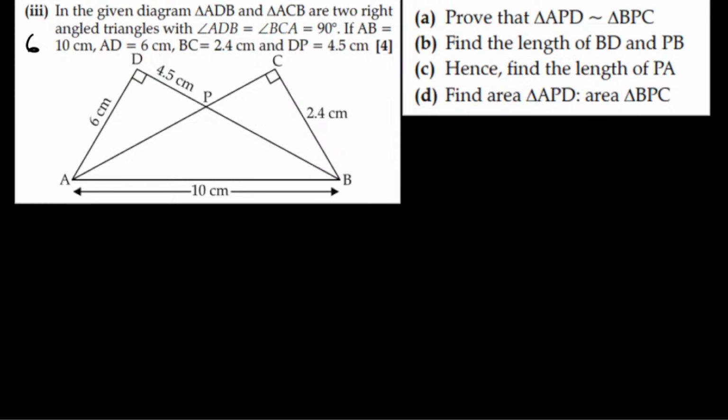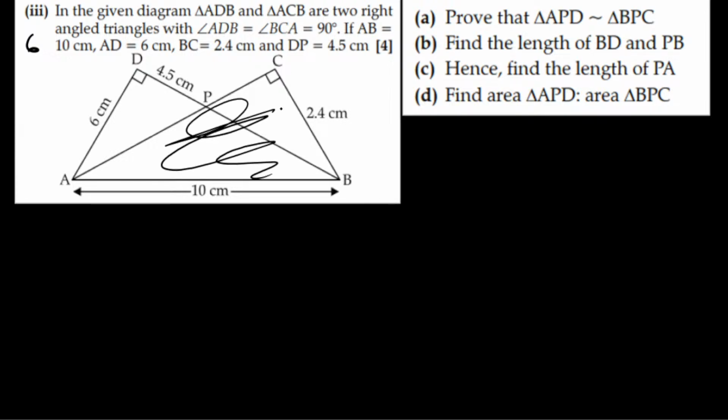This question is a question of similarity. In the given diagram, you can see triangle ADB, the big one on the left side, and triangle ACB on the right side.